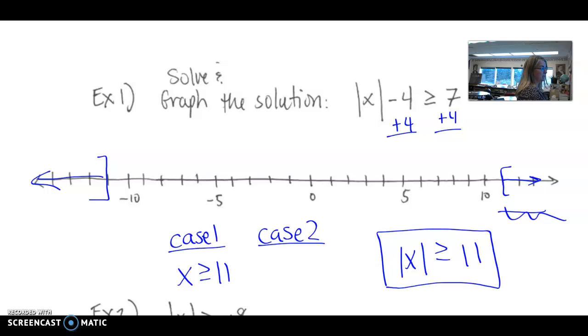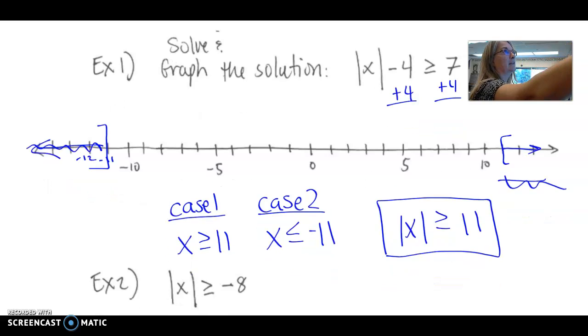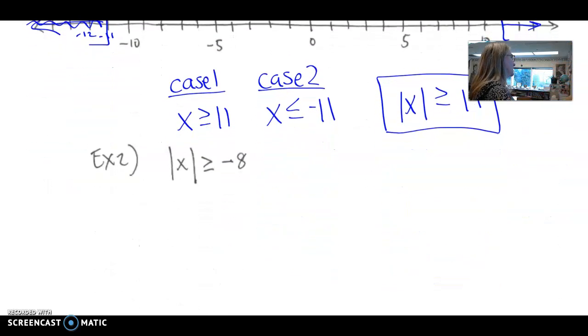But what has to happen is we have to flip the direction of the sign when we do the negative, because the solutions over here are values of x that are less than or equal to negative 11. Here's negative 11, this is negative 12, which is less than negative 11, and so on all the way down to negative infinity.